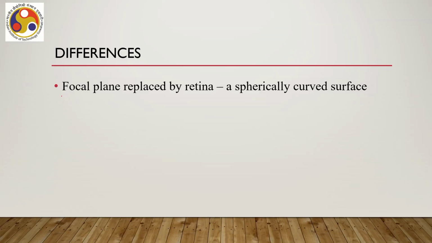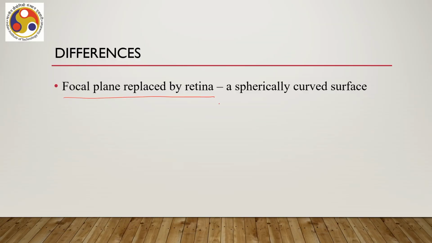One is that the focal plane is replaced by the retina. When we compare the human eye with an engineered lens, we can say that the focal plane is replaced by the retina. In a human eye, there is no focal plane as such, but there is a non-planar retina which replaces the concept of the focal plane.